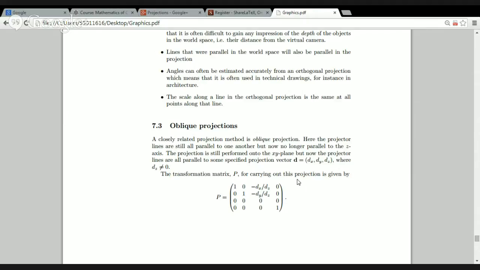If you just use plain old orthographic projection then, when that is projected to the screen, that original x-axis, which is the horizontal axis in the original world space, will be slanted on the screen, okay?